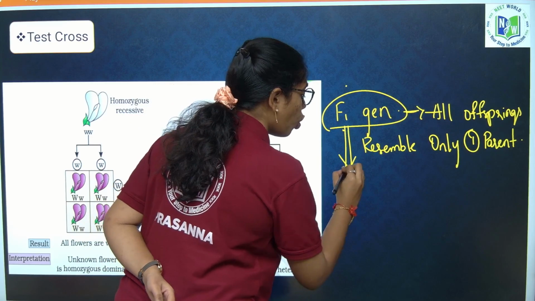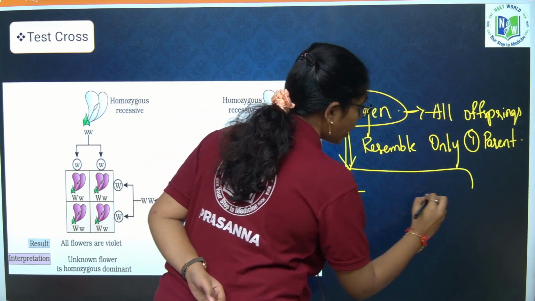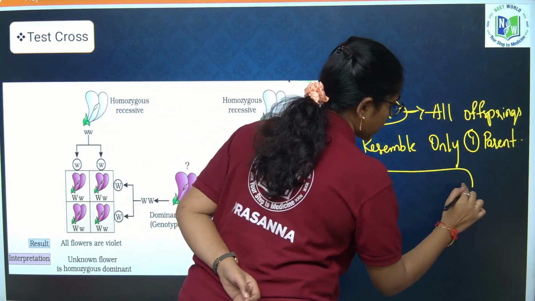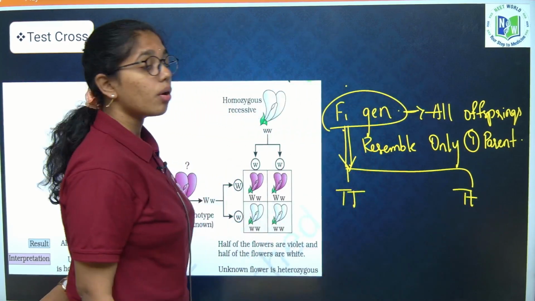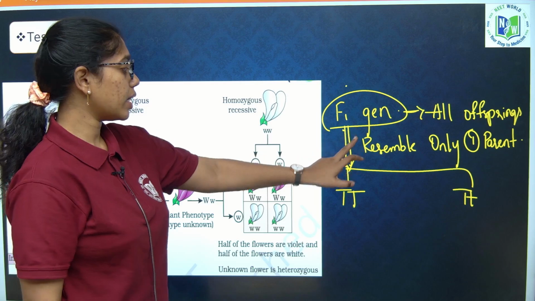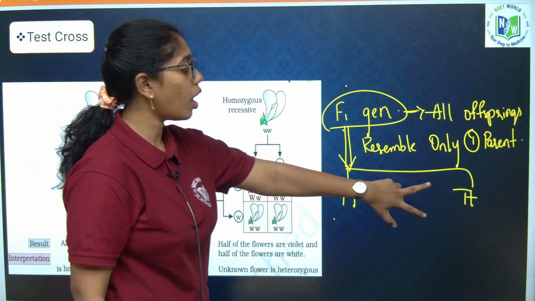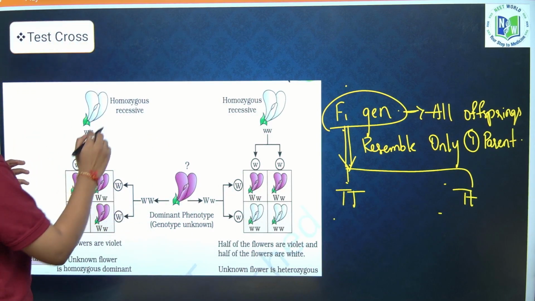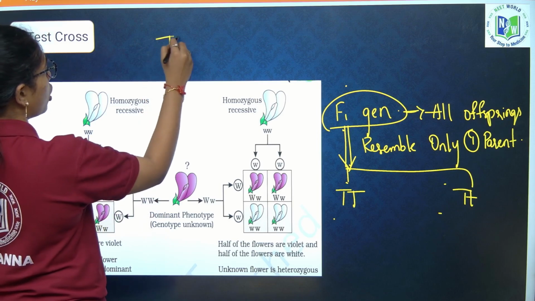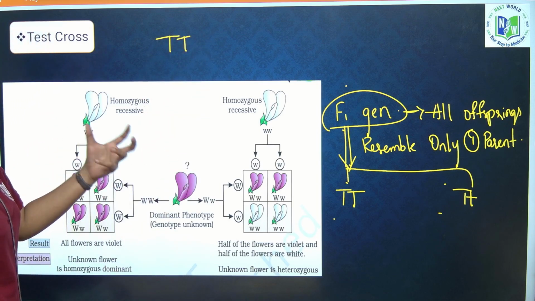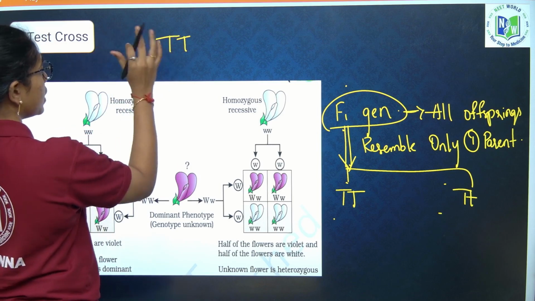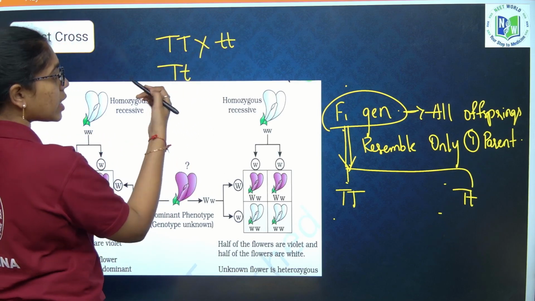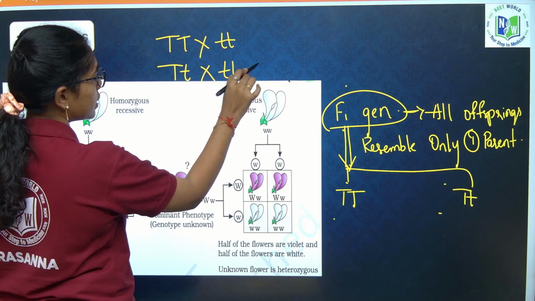Whether this parent is homozygous dominant or heterozygous dominant can be identified by the test cross. Let us assume in the F1 generation we got homozygous dominant traits, or heterozygous dominant; it is crossed with a recessive parent.